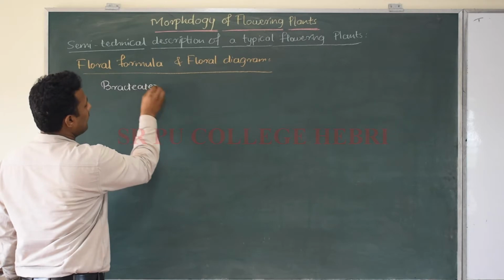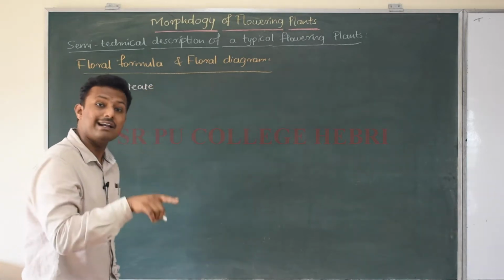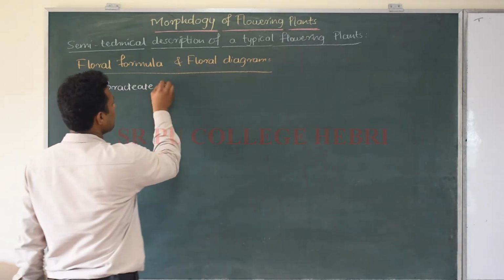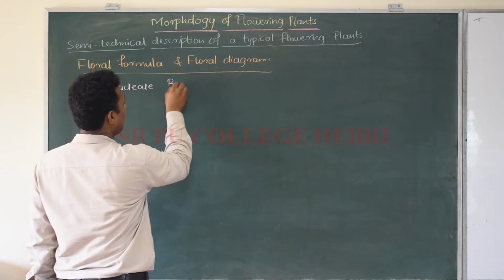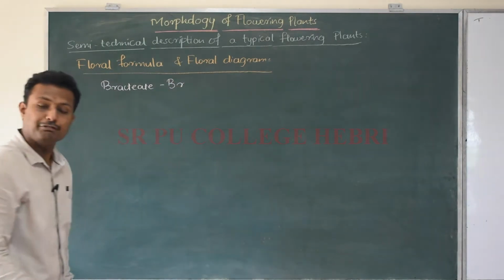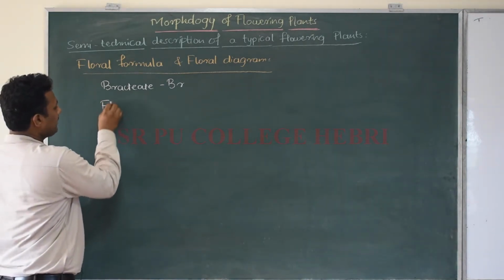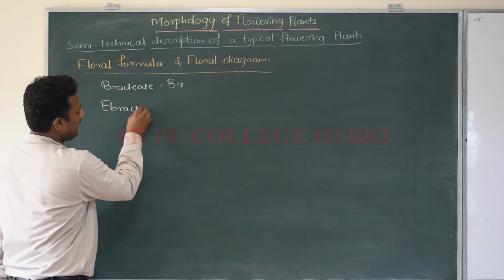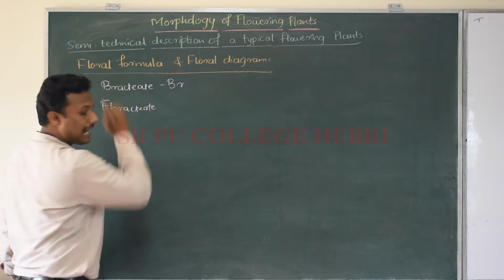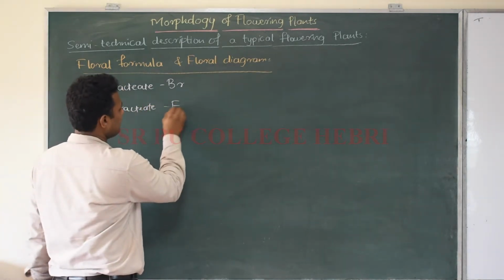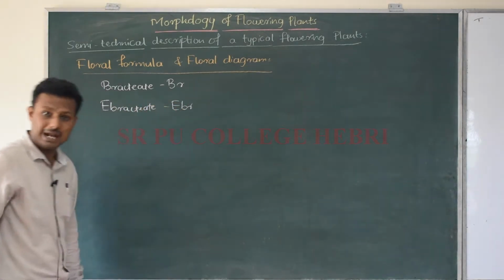Bracteate means the flower with a bract. It will be represented as BR. If the flower does not have the bract, then it will be called ebracteate. Ebracteate means absence of bract, and that will be represented as EBR.